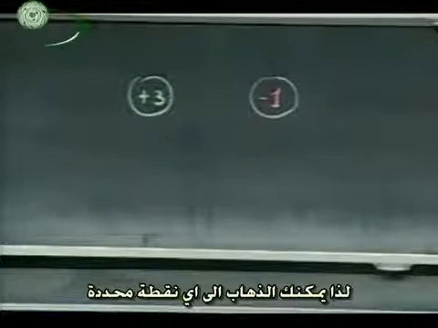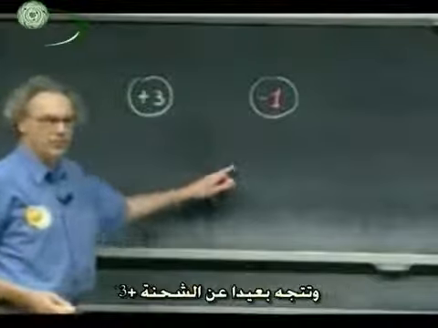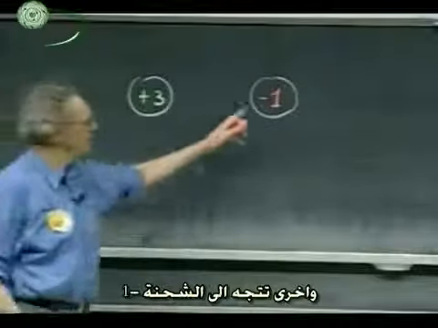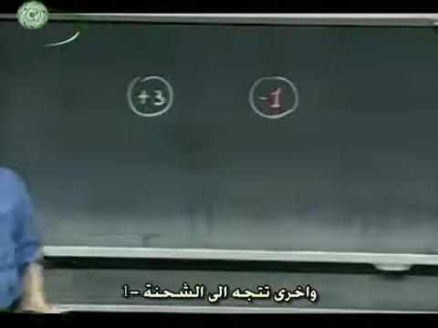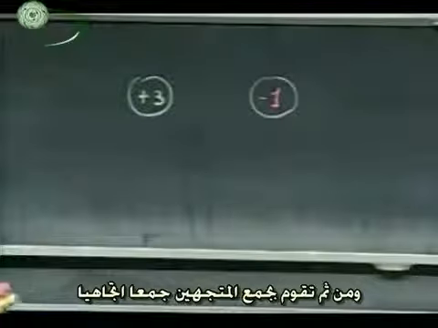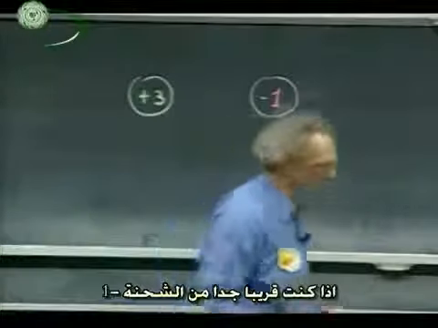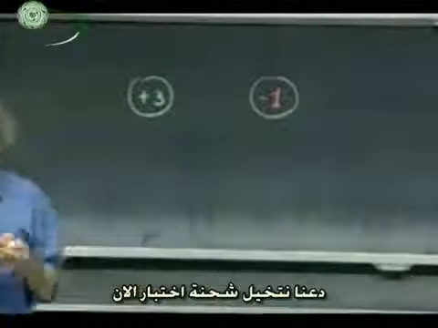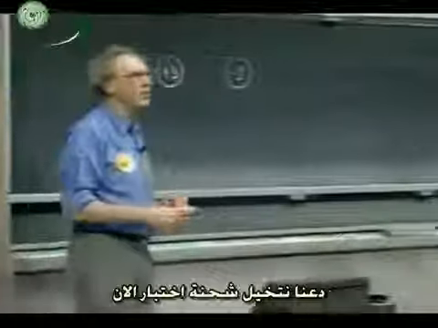So you can go to any particular point. You get an E vector which is going away from the +3. You get one that goes to -1, and you have to vectorially add the two. If you're very close to -1, it's very clear because of the inverse R² relationship that the -1 is probably going to win.